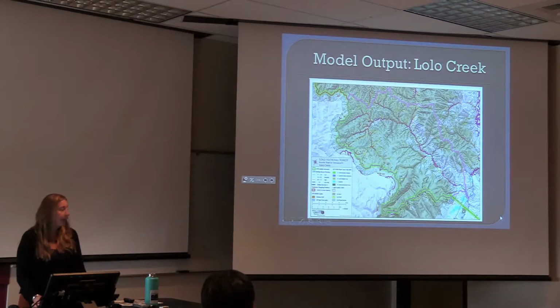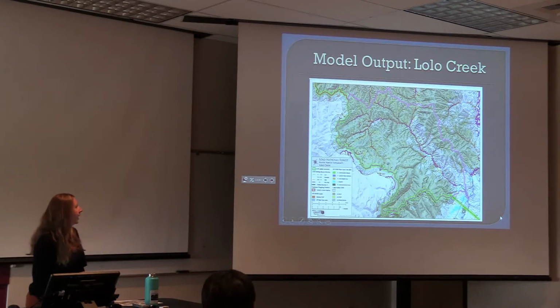And so here's an example of what the model output looked like. This is just for one small corner of the Lolo National Forest. This is the Lolo Creek watershed, but the model was applied to a very large area, so it's hard to see with the scale.